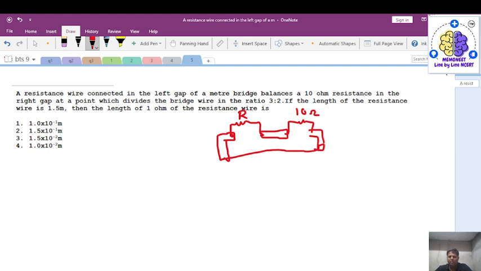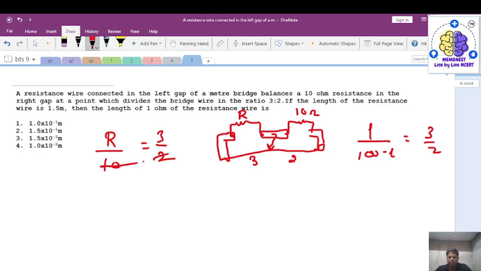Let the unknown be R, and the jockey is placed at the point where it divides the wire in the ratio 3:2. It means L upon 100 minus L is being given to us as 3/2. So for the meter bridge, we can write R upon 10 is equal to 3/2.